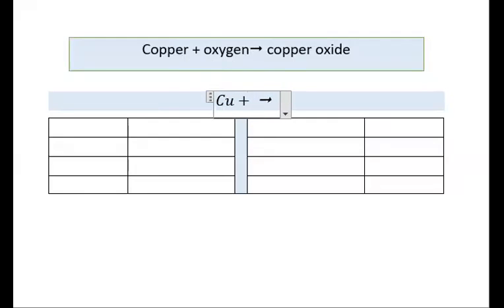Thank you, guys. So we have copper, right? And copper is Cu, and we have oxygen. But guys, what's wrong about that oxygen that you wrote for Mo, Christopher, and Michael? What's wrong about that?